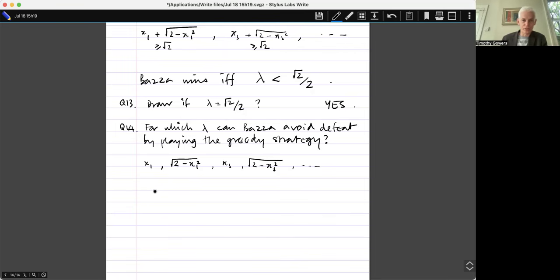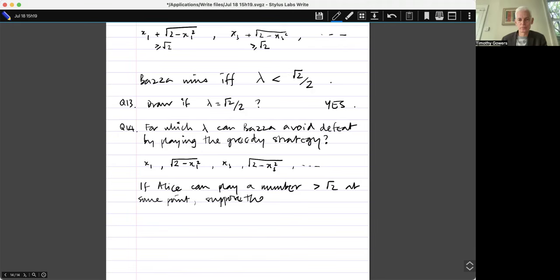So here, I'm going to write something down. If Alice can play a number greater than √2 at some point, suppose the first point is 2r plus 1, or let's say that the first is x 2r plus 1.